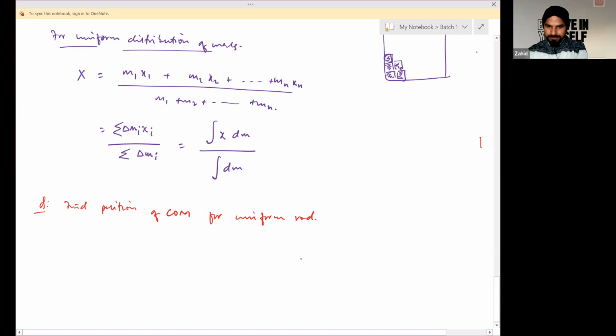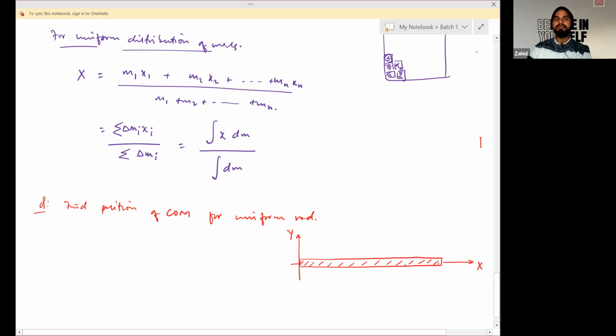Suppose there is a rod aligned along the x-axis, having some length L and mass M. This is the x-axis, this is the y-axis.